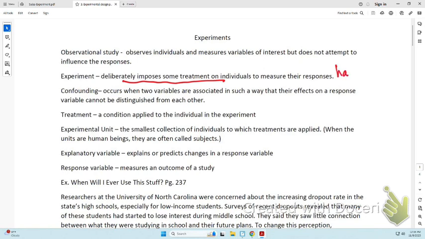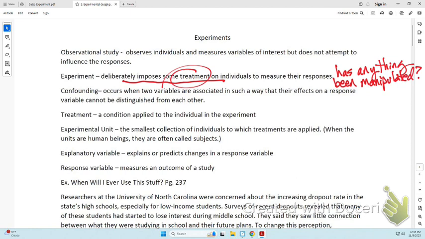Has anything been manipulated? Have things changed? Is there an explanatory variable and then a response? Those are the questions, but the key is, are there treatments given to subjects?